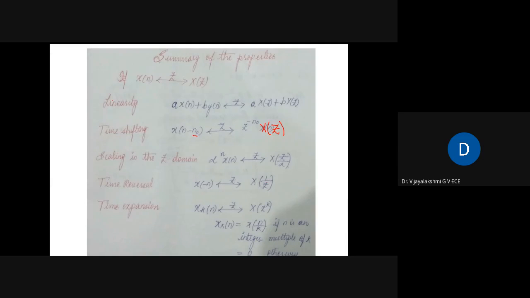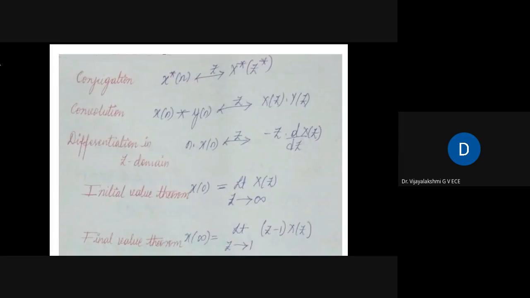It will become z inverse or 1 over z. Then time expansion. If you expand the signal in the time domain, in the z domain z becomes z power k. And conjugation. If you take the complex conjugate of the signal in the time domain, the transform domain also results in its complex conjugate.